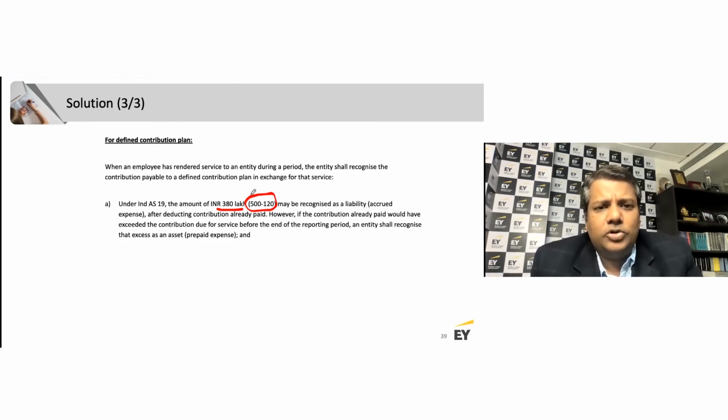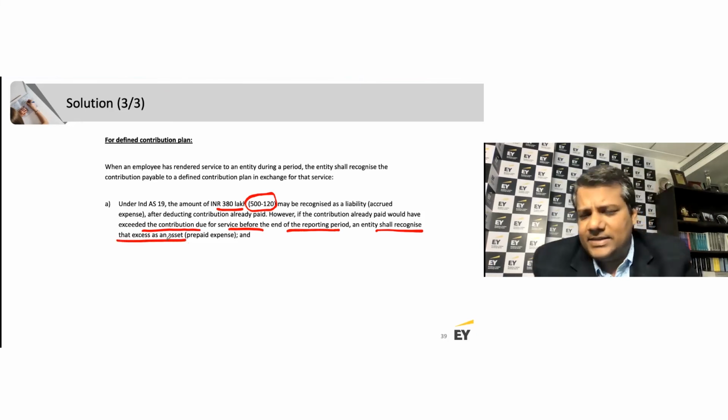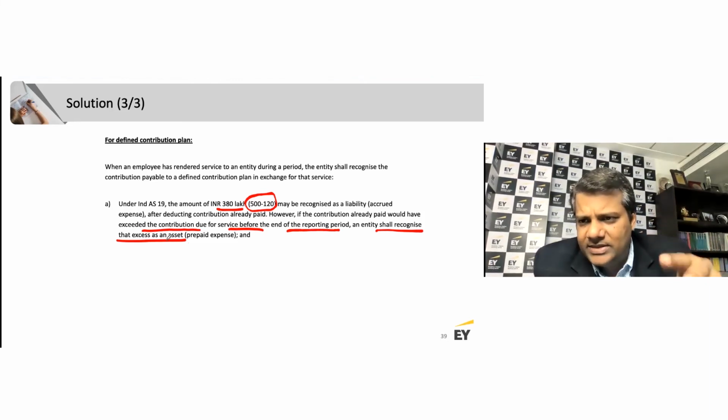However, if the contribution already paid exceeded the contribution due for service before the end of the reporting period, you should recognize the excess as an asset, like a prepaid. I am under no obligation in a contribution plan to contribute more than the predetermined value, which in this case is 500.